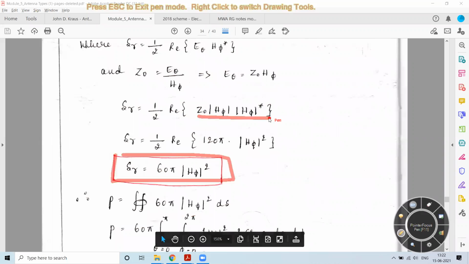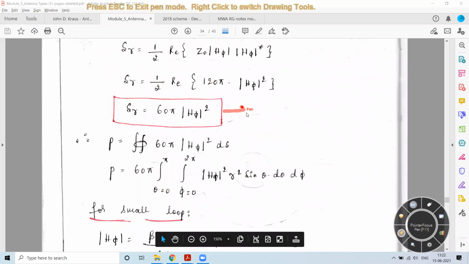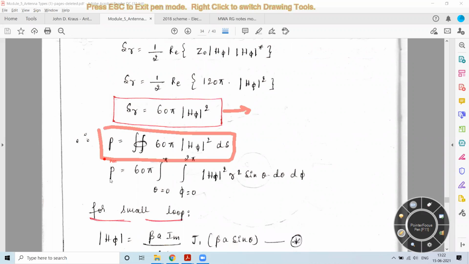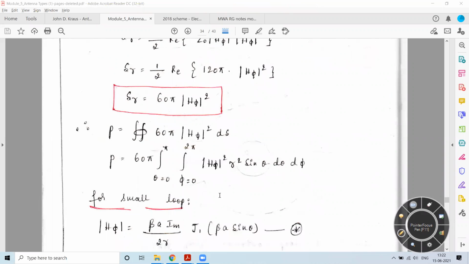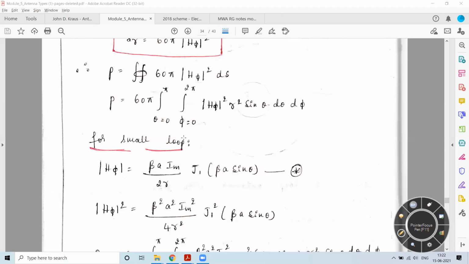When you substitute that in the power theorem, you get this equation, and simplify it still further by substituting H phi. For the small loop, we have to consider the previous equations we have shown.